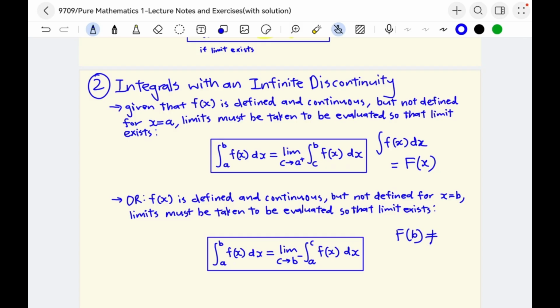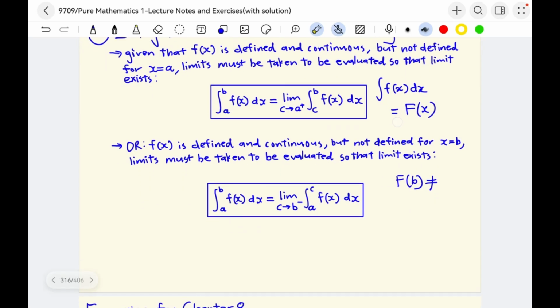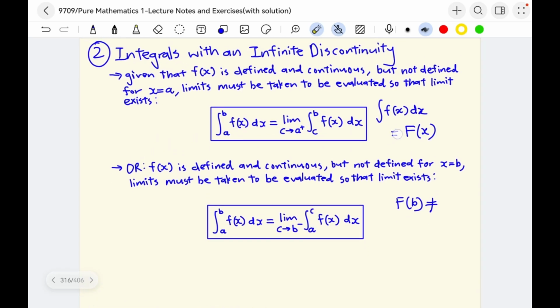Instead, you must replace the b, which can be a real number, with another variable. Convert it into limit form, and then this limit must be taken eventually. Alright? Same goes for the lower one, and I'm not going to repeat it because this is for the other side of the limits.